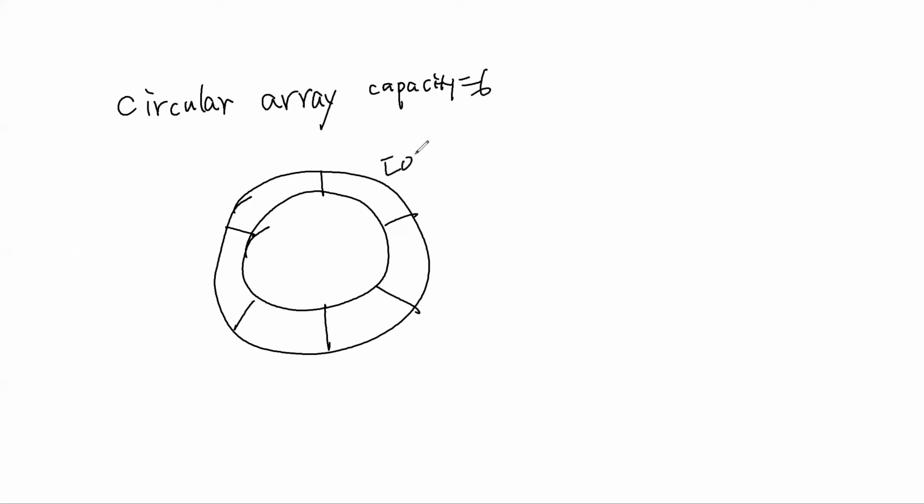So I have sub 0, sub 1, sub 2, sub 3, sub 4, and sub 5. And this time I'm going to add 70.